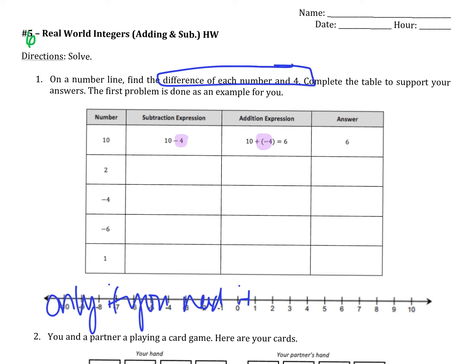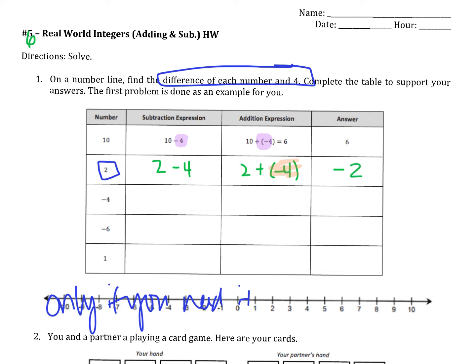So the part I highlighted doesn't change for every problem. The only thing changing is what number you're putting in. So I'm going to write 2 minus 4, which stays the same. 2 minus 4 can be rewritten as 2 plus -4. I know 2 different numbers. When I think about this, -4 is further from 0, so my answer is negative. 4 minus 2 is 2.